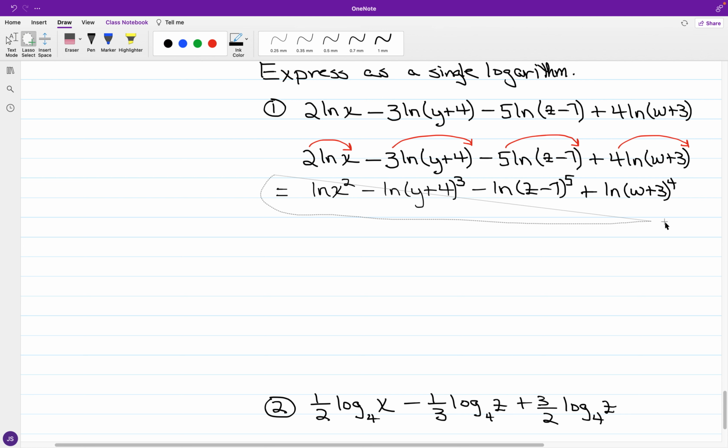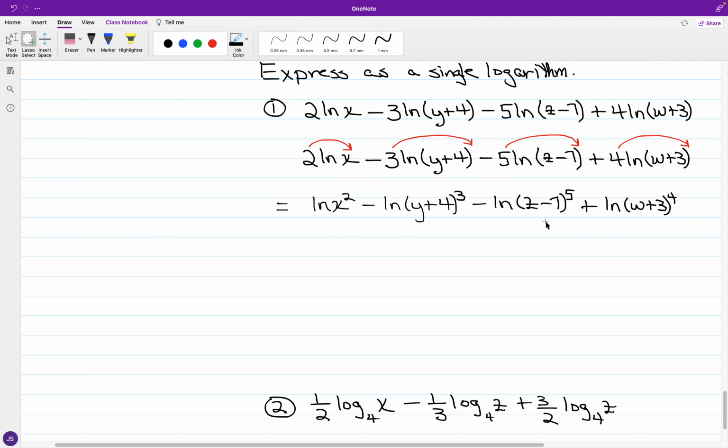All right, so just converting the coefficients to exponents, I can now look at combining the expressions into the soon-to-be formed natural logarithmic term.